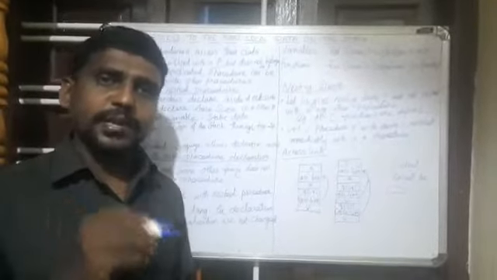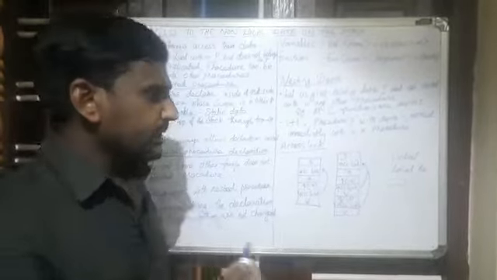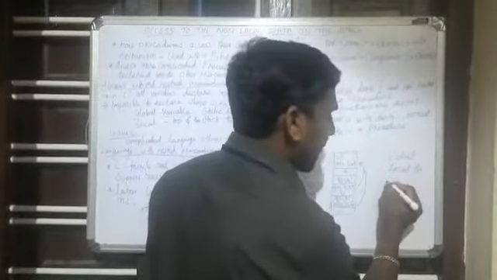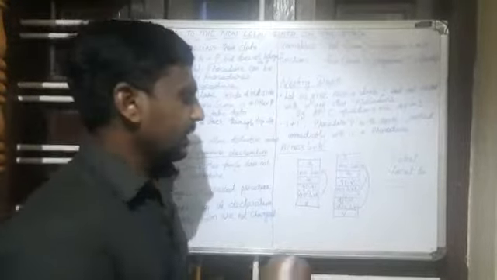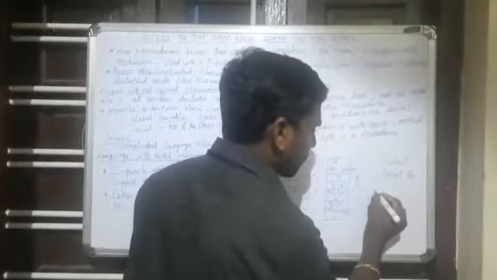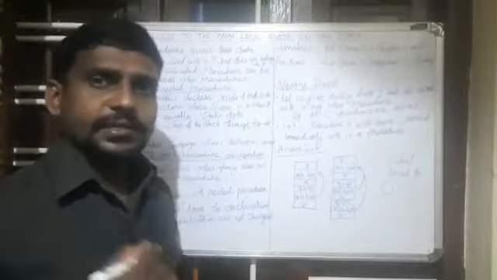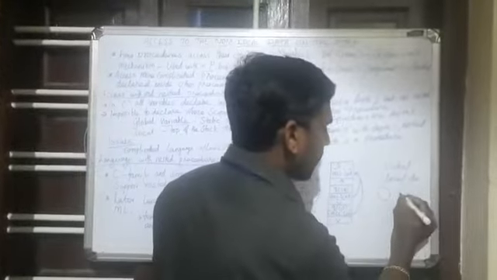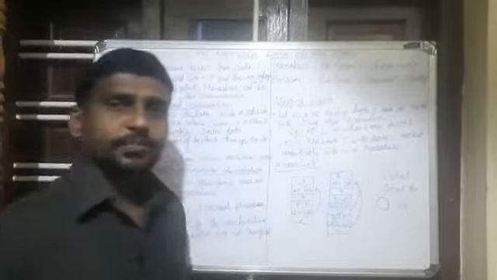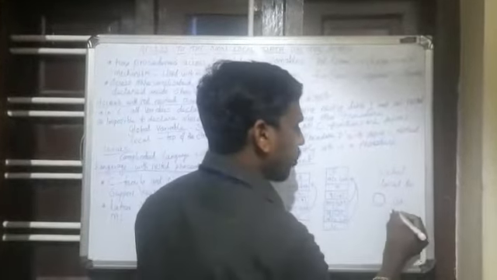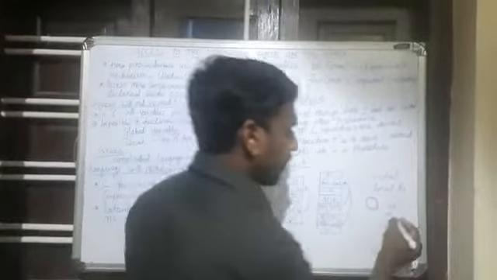Do you know what static data and dynamic data are? Static data means the variable is declared statically, that is, at compile time, so it knows the exact memory allocation. For example, if you declare an integer, it knows the exact integer bytes; if you declare a float, it knows the exact float bytes.